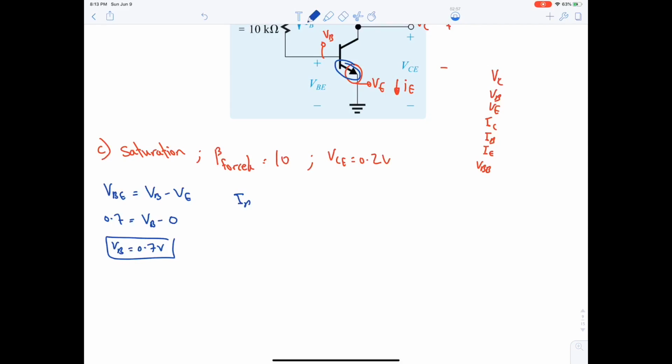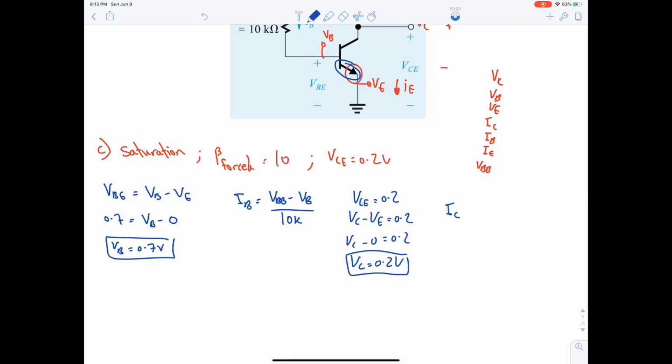Then we will find IB. VBB minus VB over 10K. We cannot solve it because we have two unknowns. Let's open VCE.